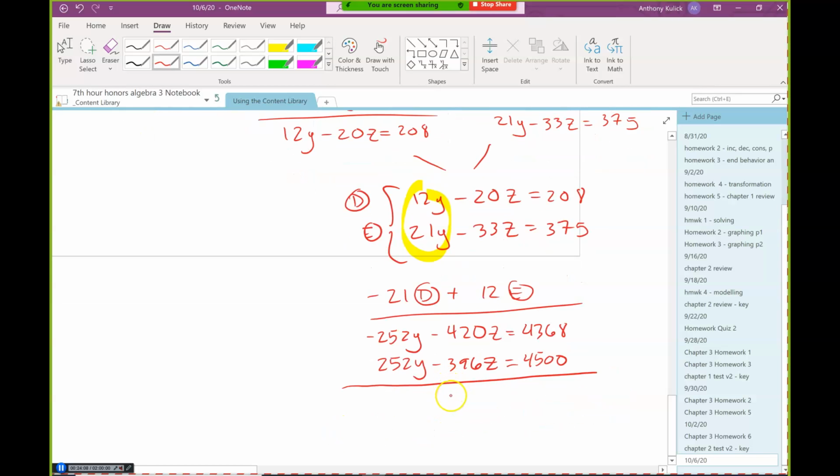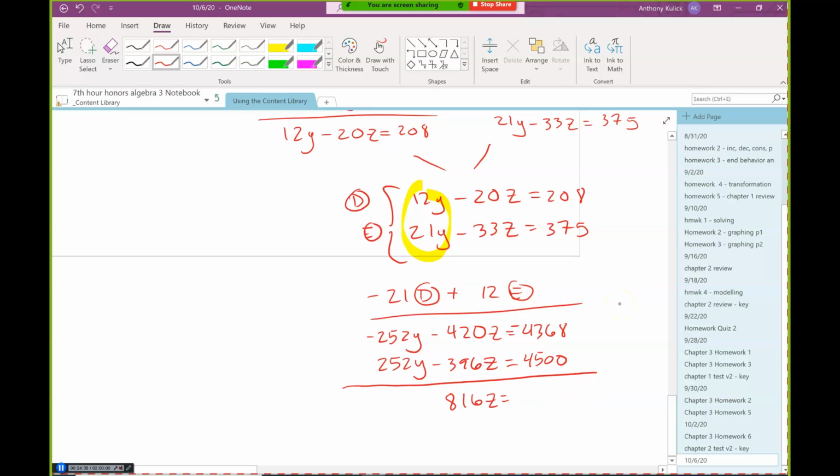So what do we got here? That's 16z equals 8868. Yeah. Oh. Yeah, good catch.